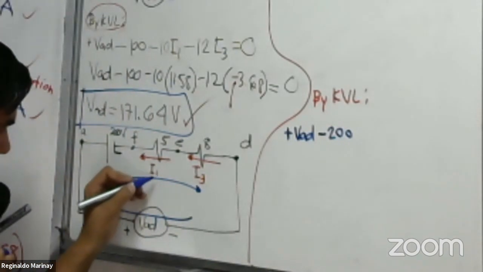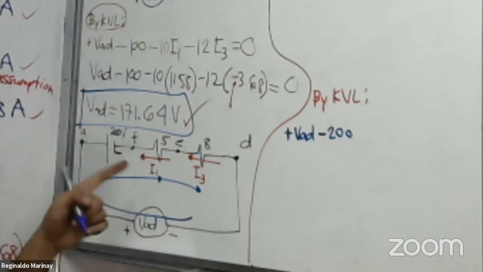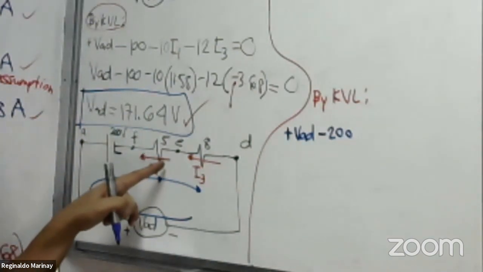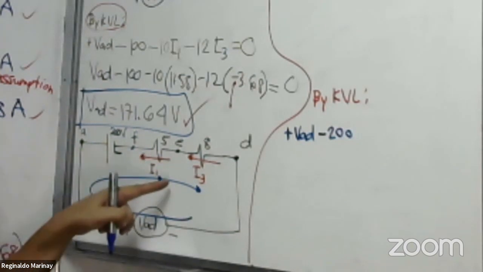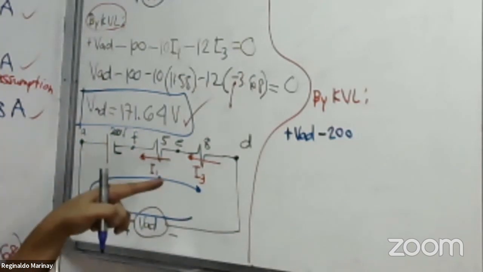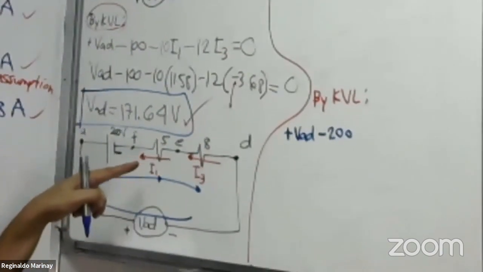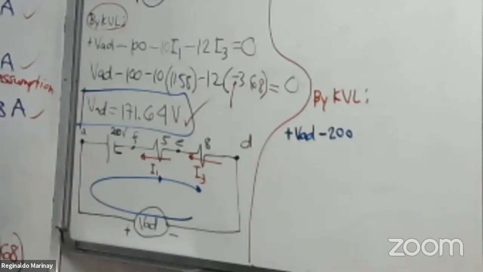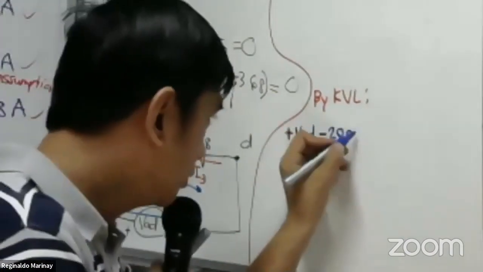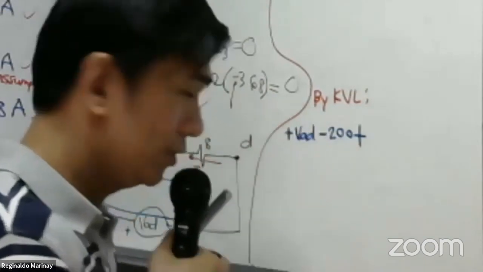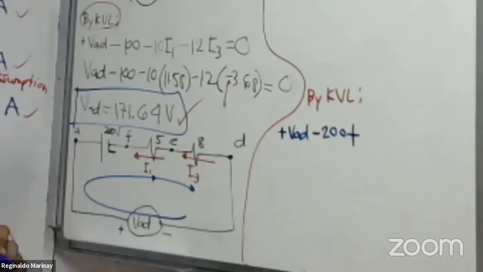This is going to the right for the 5 ohm resistor, and the current in the 5 ohm resistor is I1, which is going to the left. To the left, to the right. Okay? So it has two directions. To the left, to the right, there should be two lines. That is a plus sign because there are two directions.